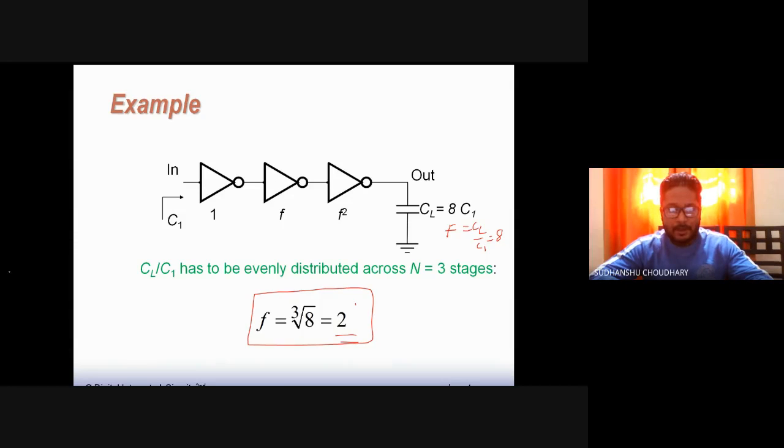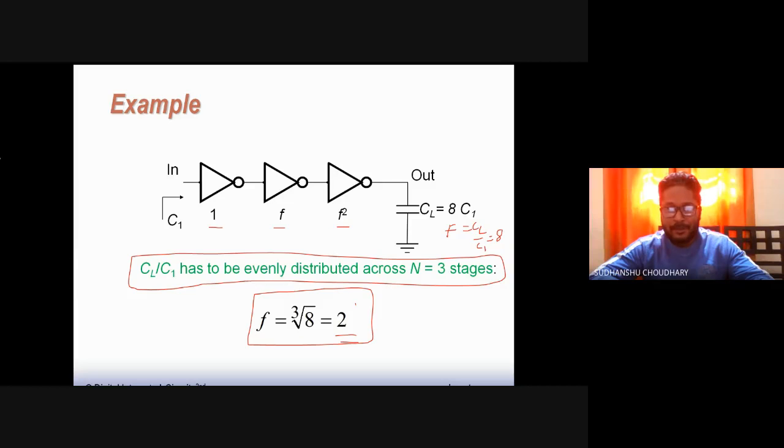Okay, now because this CL by C1, the total fan out of this inverter chain, has to be evenly distributed along these 3 stages, the sizing factor of each gate can be sized this way: the first inverter will have a size of, let's say, 1, the second will be f, the third will be f square.